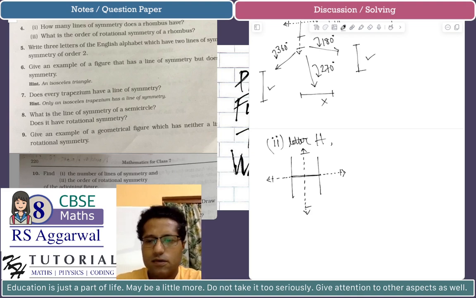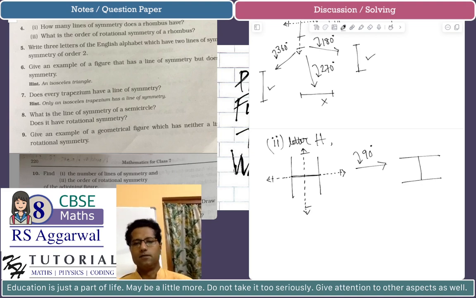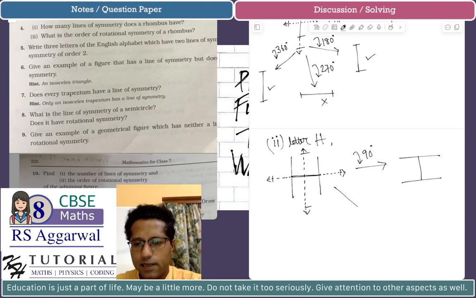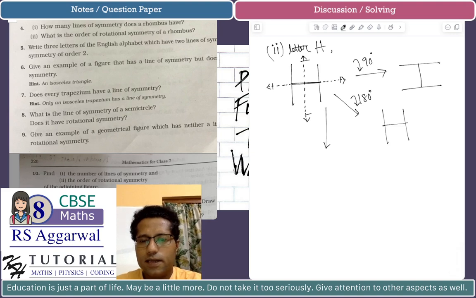Let's see, if you rotate the letter H first by 90 degree clockwise, the letter H will look like this, and it is definitely not looking identical. If you rotate the letter H clockwise by 180 degree, then it will again look identical. If you rotate the letter H clockwise by 270 degree, it will look like this, which is not identical.